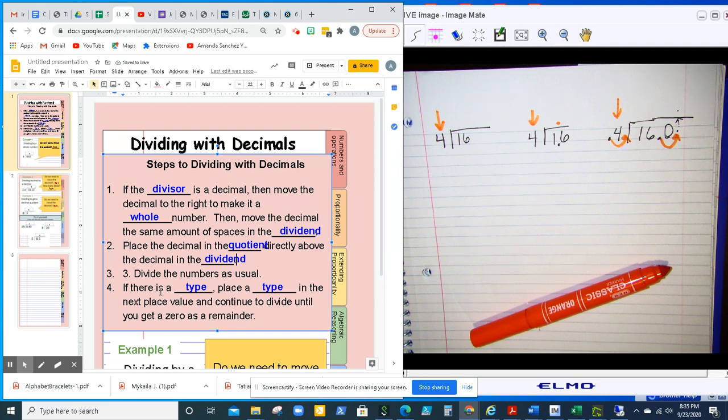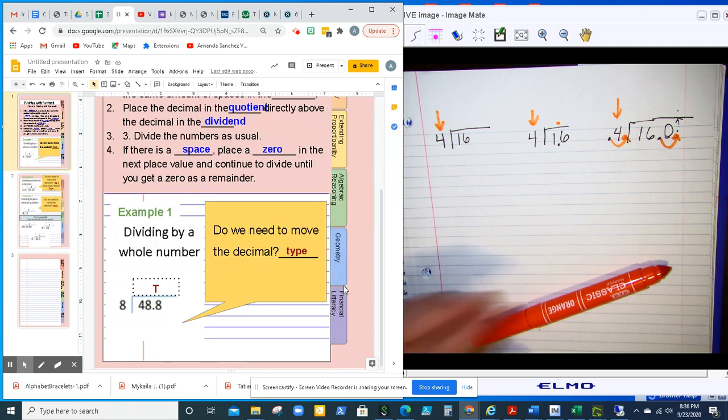If there is a gap or a space, place a 0 in the next place value and continue to divide until you get a 0 as a remainder.